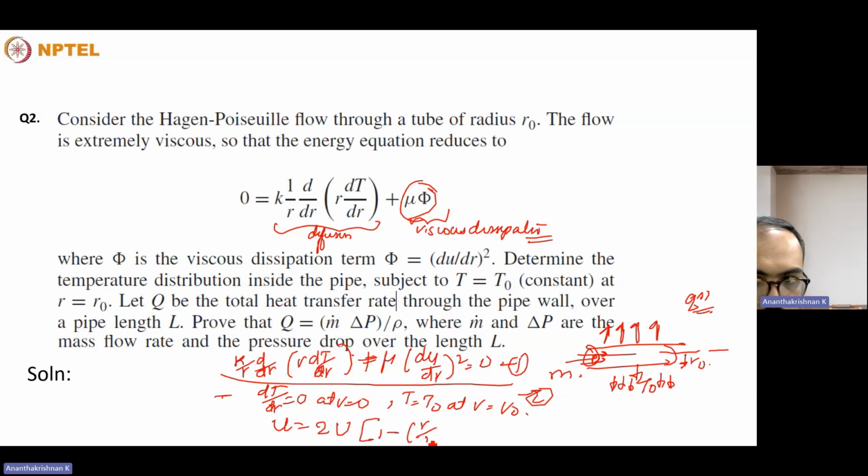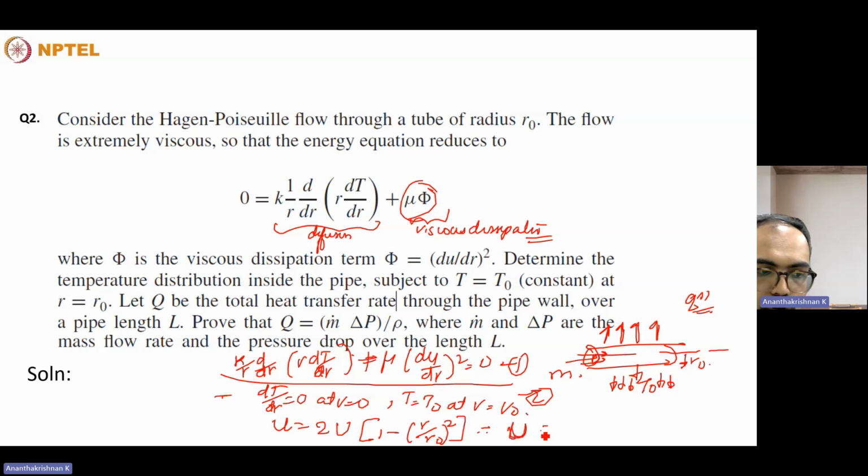It's already derived many times before in the lectures as well as in the previous tutorial session. U is equal to, in the lecture, 2 into U into (1 minus (r divided by r0) the whole squared). And from that, you can write the average velocity.